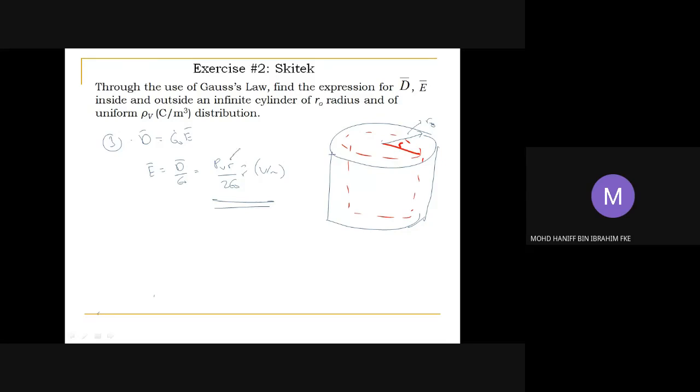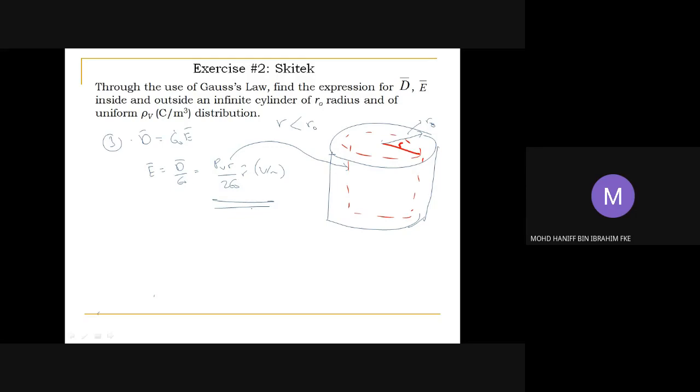The equation here is only valid on this particular Gaussian surface, for any point having a radius of r, in which r is a variable that must be less than r naught. So this equation of the E field is only valid for any point where r is less than r naught. Is that clear? The method is similar to what we have done before for the case of the volume charge of a sphere.